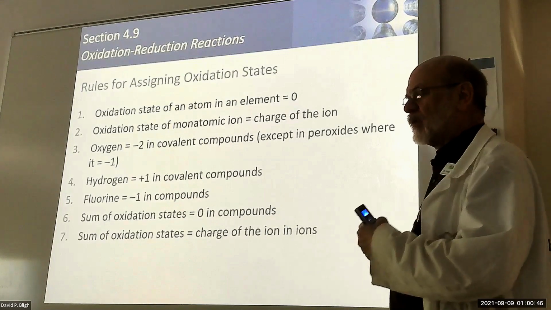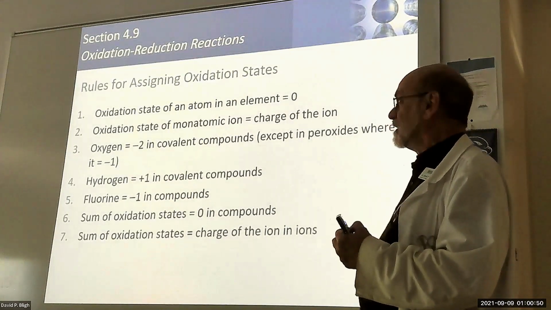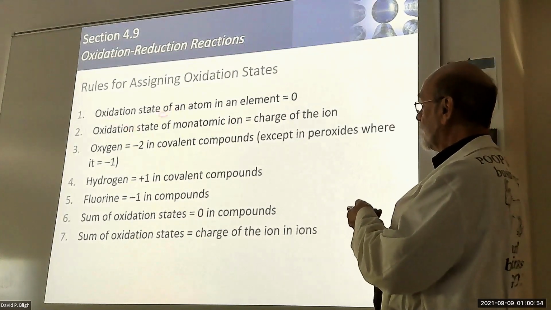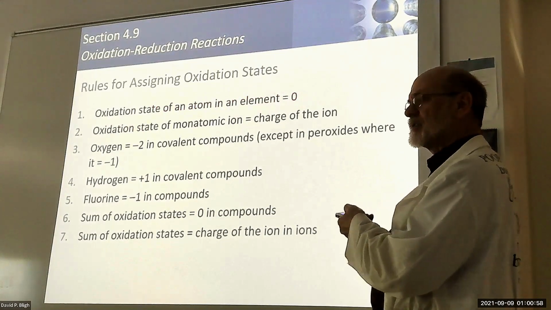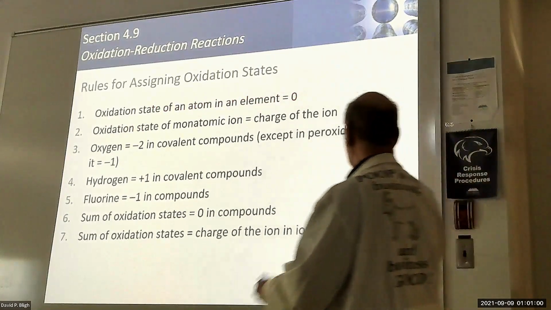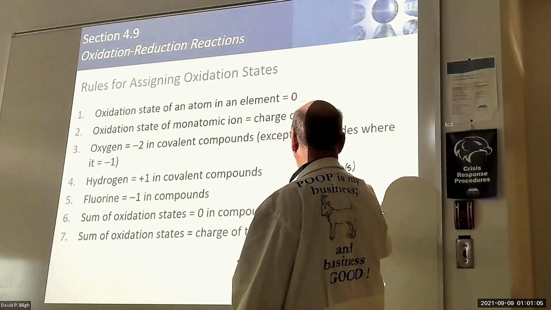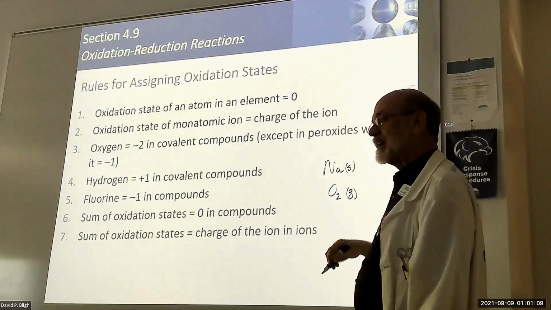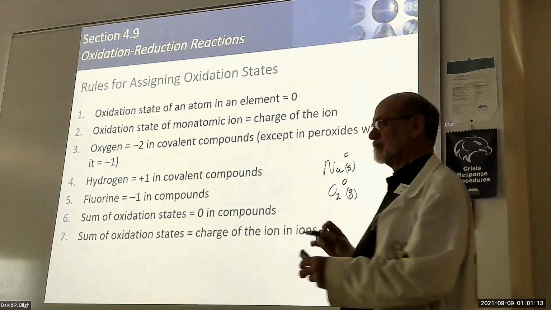So in order to do that, we need some rules. How do you determine the oxidation state of an element? Well, if it's a pure element standing alone by itself, in its standard state, like sodium metal or oxygen gas, the oxidation state of either one of these is 0 by definition.